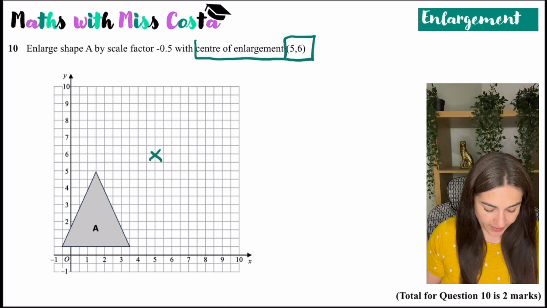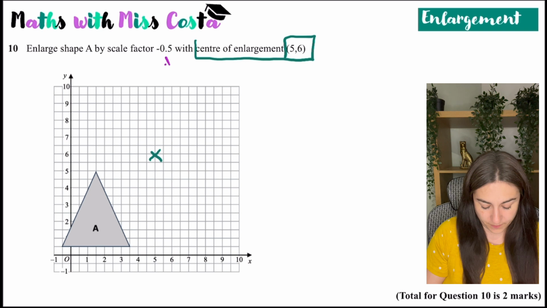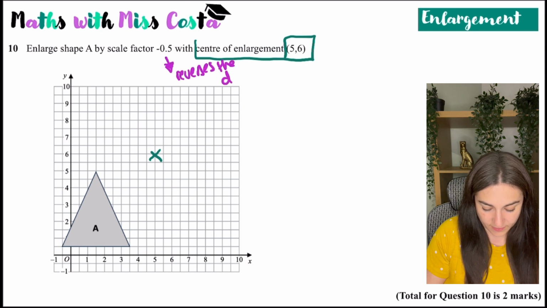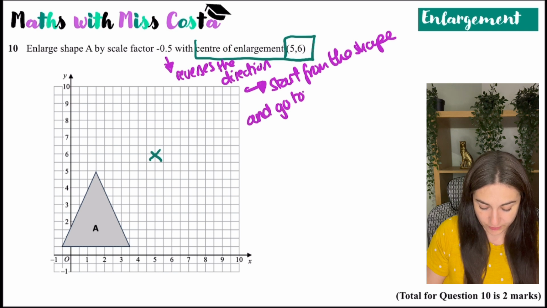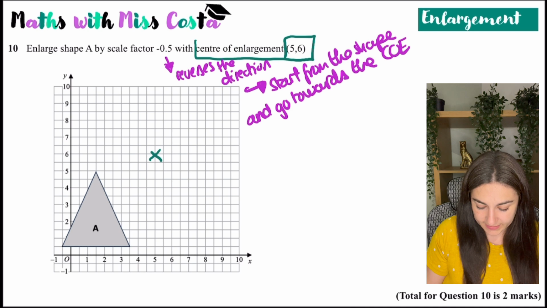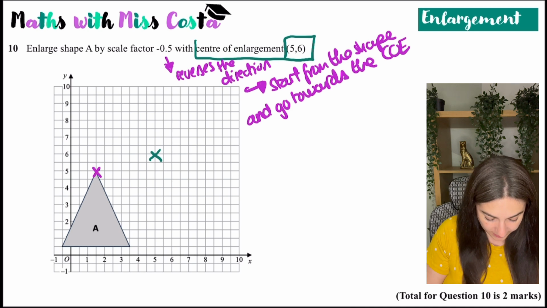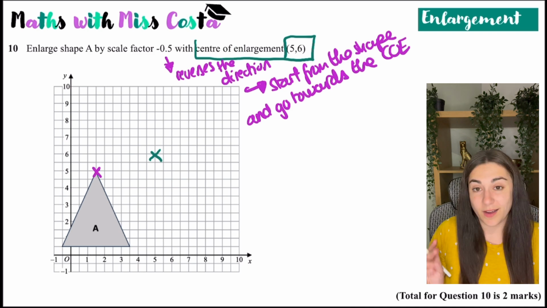But with a negative enlargement, it reverses the direction, and you actually start from the shape and then go towards the center of enlargement. So let's try that. So this is my first coordinate. I want to see how many squares I go across and up.